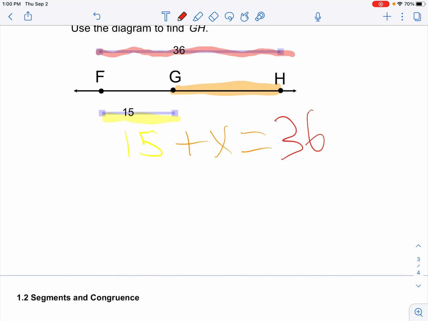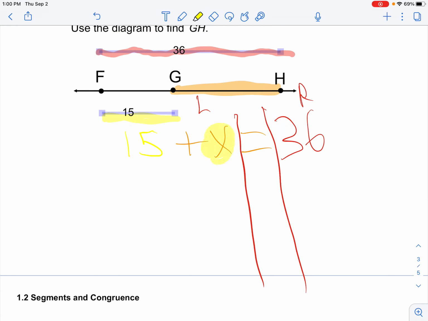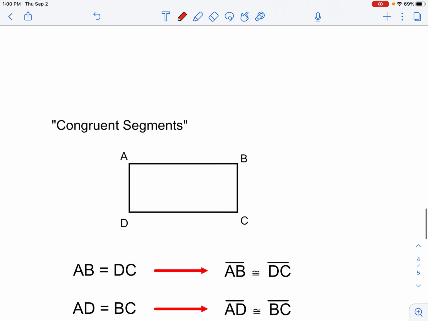We all know how to solve this. This is from algebra, just a one-step problem. Anything I do on the left side, I have to do on the right side. If my goal is to get X by itself, I need to get rid of this 15. So X equals 21. So the distance of GH equals 21.